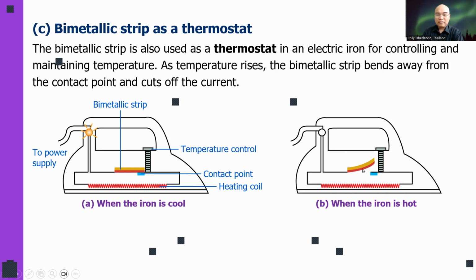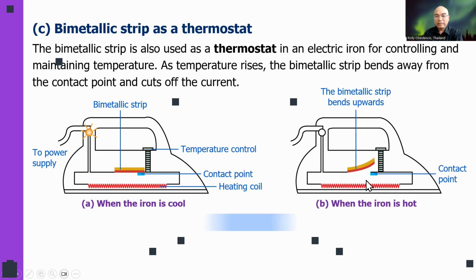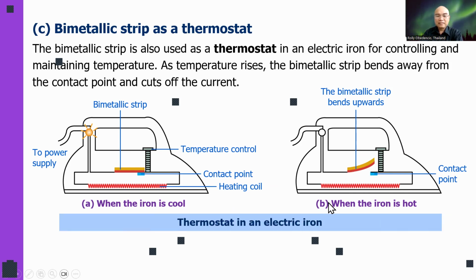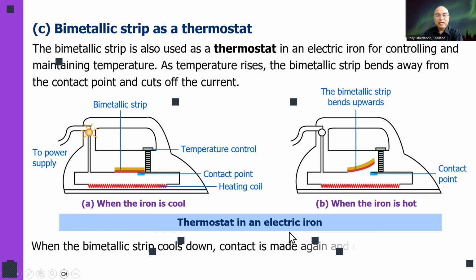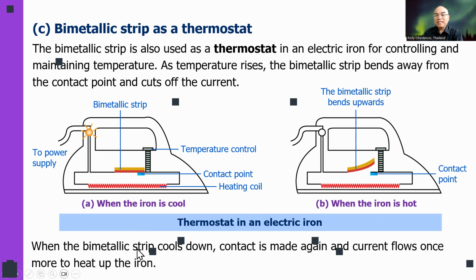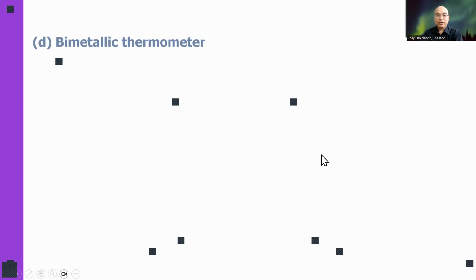When the iron is hot, it bends away from the contact point and cuts off the current. Now we know why your iron is cool or hot. When the metallic strip cools down, contact is made again and current flows once more to heat up the iron.